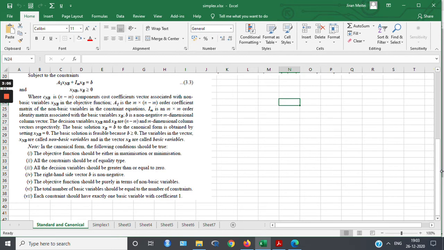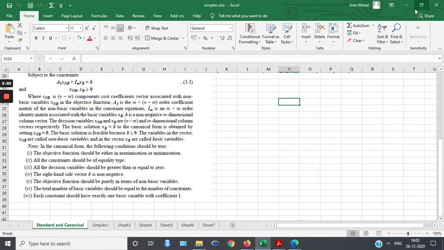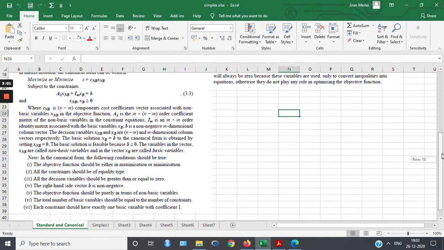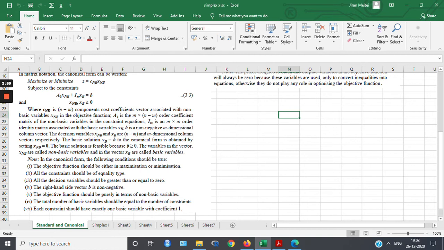Now, when we write the canonical formulation, we divide the variables into 2 types. One is basic variables, the other one is non-basic variables. The objective function should be purely in terms of the non-basic variables that you have selected, and the total number of basic variables in the problem should be equal to the total number of constraints that we have.